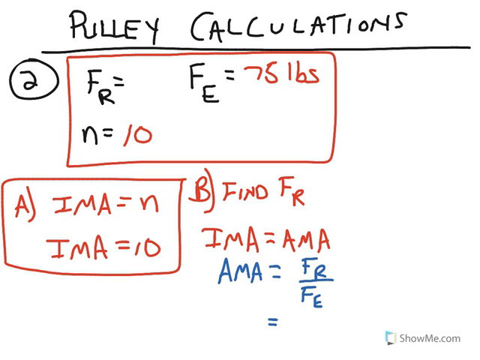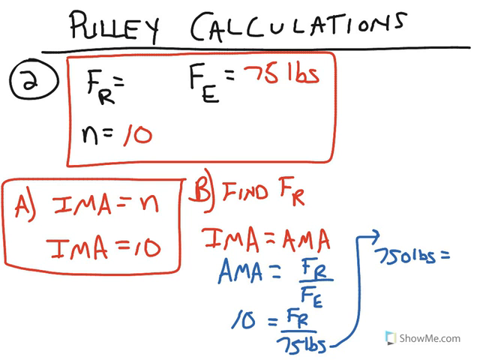The actual mechanical advantage, if we're saying it's the same as ideal, that's 10. The force of the resistance, we don't know. Force of the effort, 75 pounds. Trying to get the force of the resistance by itself, multiply both sides by 75 pounds. That gives us 750 pounds equals the force of the resistance.